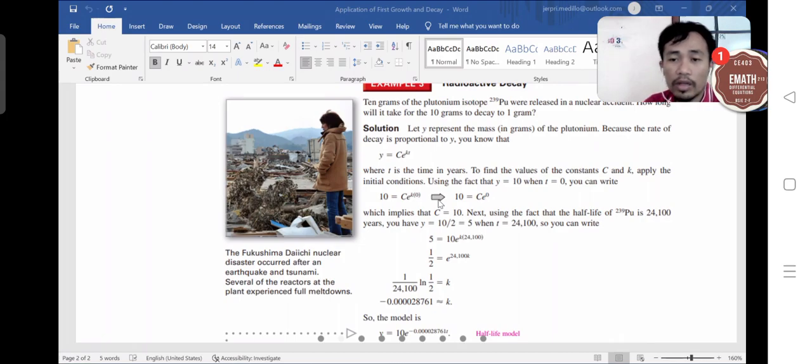So you can write 5 is equal to 10 e to the exponent of 24,100k, so 1/2 is equal to e^(24,100k).